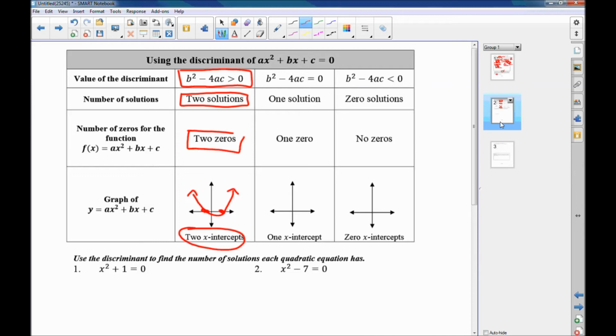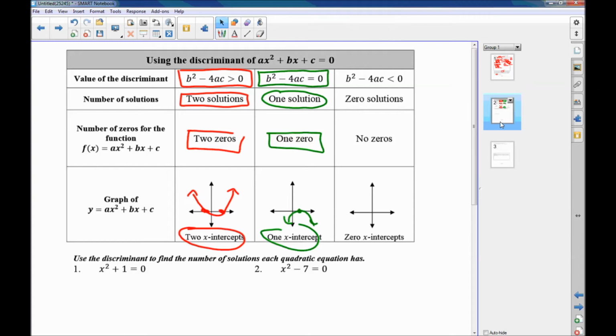So if the part under the square root is equal to 0, then we get only 1 solution because we're adding and subtracting 0 every time. We'll also get only 1 zero, and we'll get 1 x-intercept. So this one might look like this. Crosses the x-axis only once at the vertex. Okay?